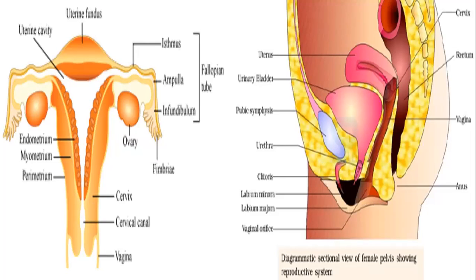So if we see this diagram, we'll find different components of the female reproductive system. The ovaries are the primary female sex organs.